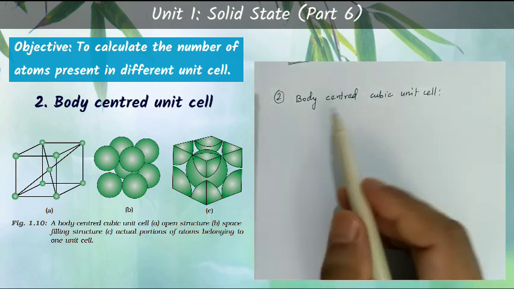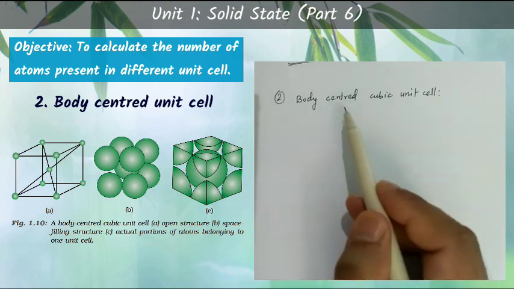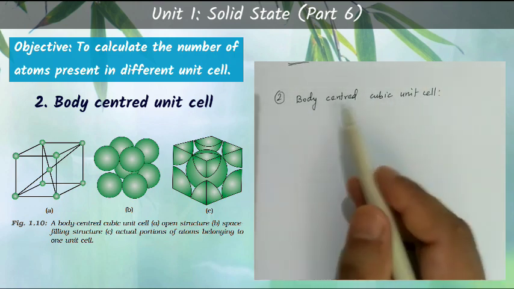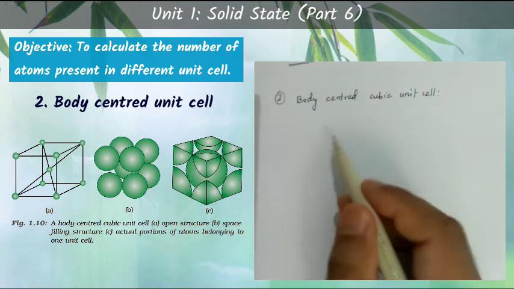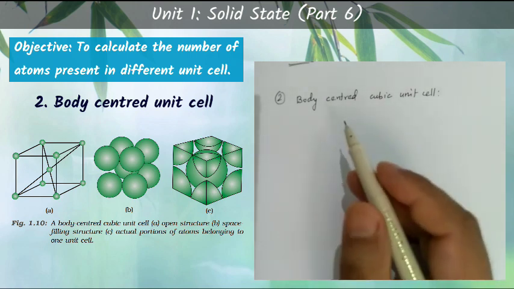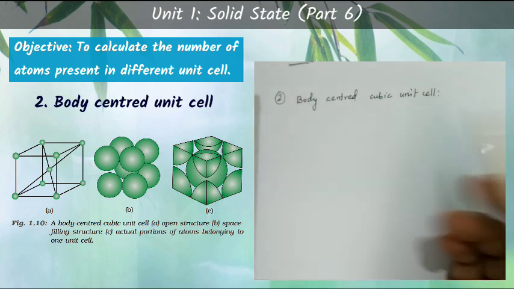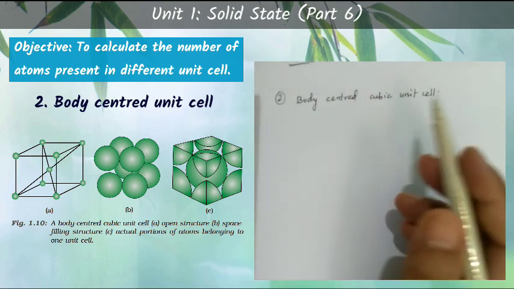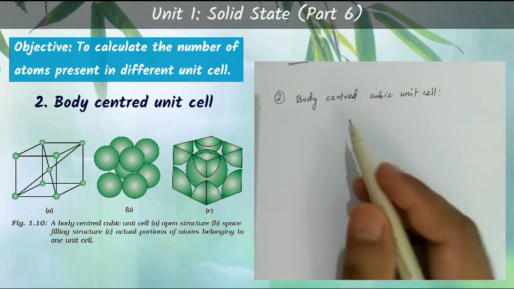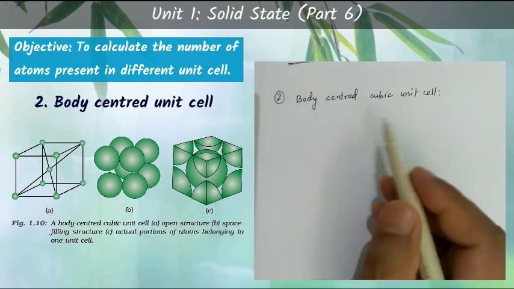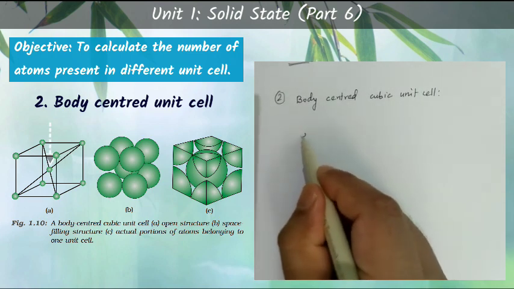Here again we know that in the body centered unit cell, there is an additional constituent particle, and since we are considering only atoms as the constituent particle, one additional atom will be in the body center of that unit cell. It will be like this.